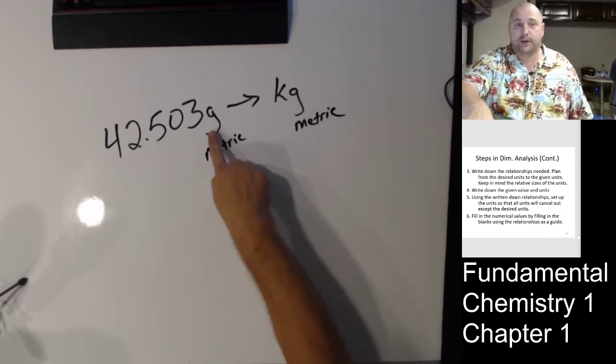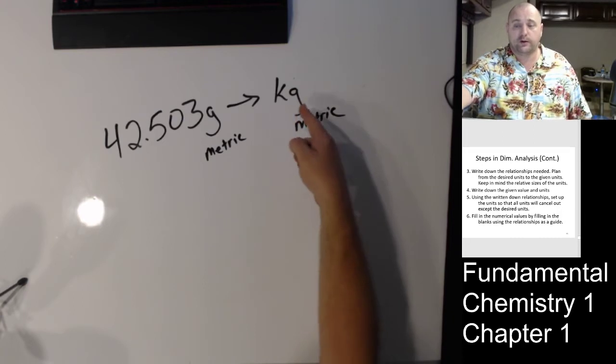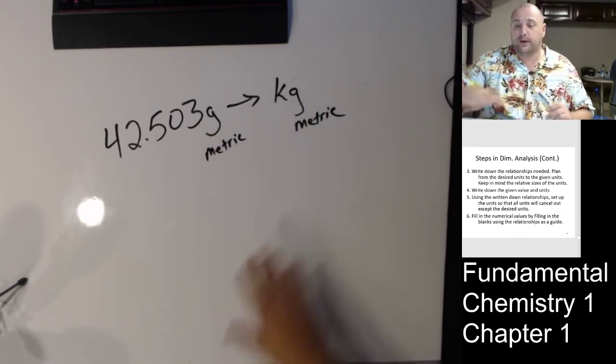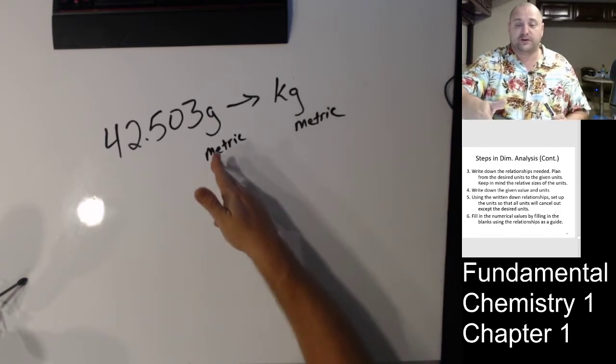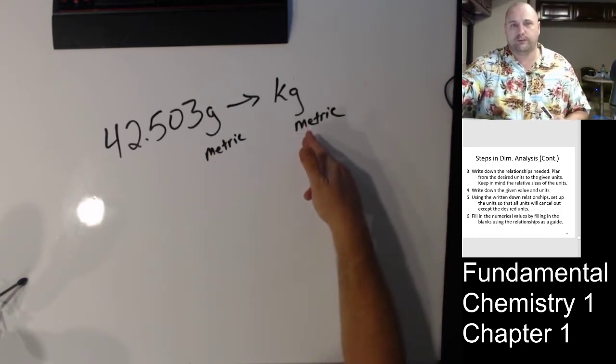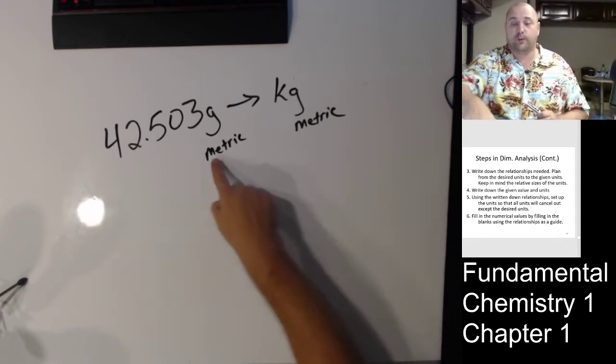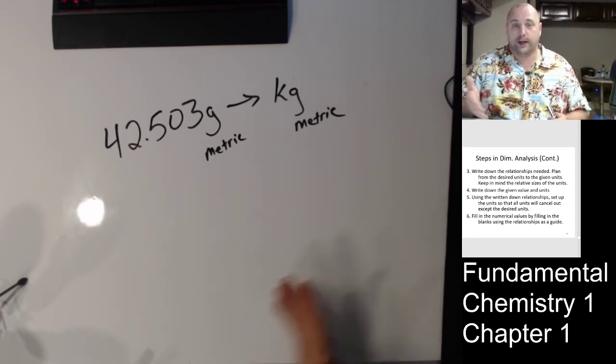This is the base unit to the prefix, or I could have gone a prefix to the base unit. So that's one step. The worst case scenario is I'm doing one prefix to another prefix. And if I'm having to do that, we're going to do that as 2 steps where we go to the base unit. But we're already at the base unit.